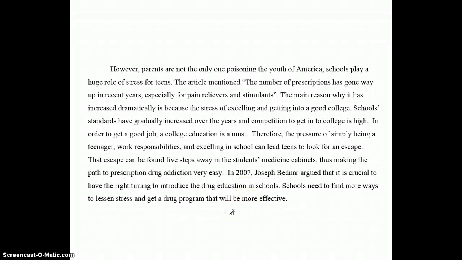Take a second to read over the paragraph. Ready?